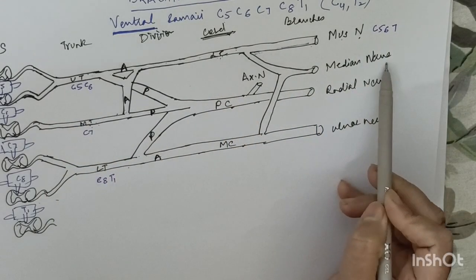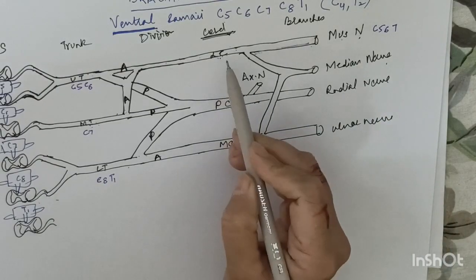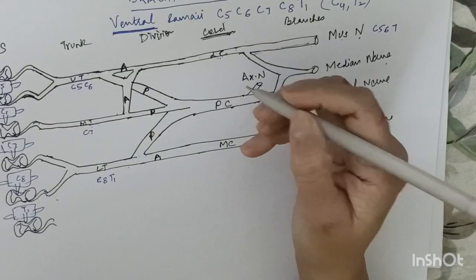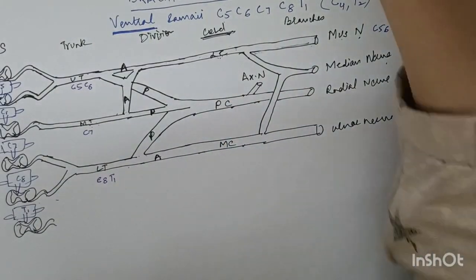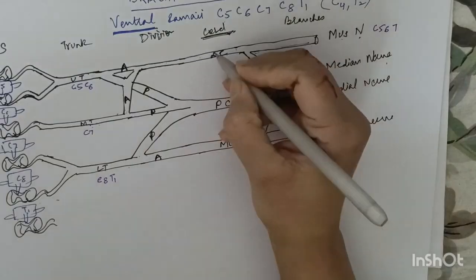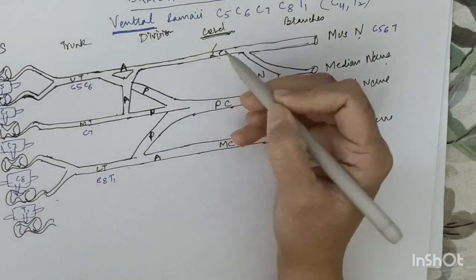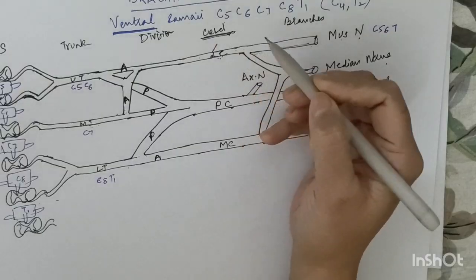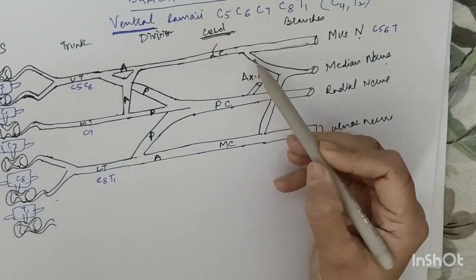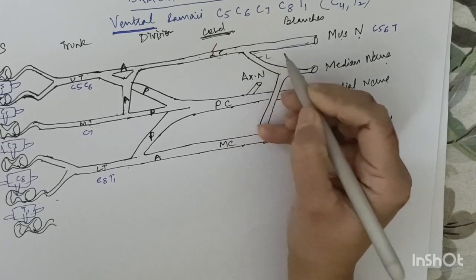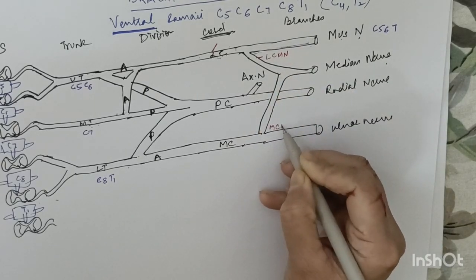Now for the median nerve, the lateral cord is giving a branch over here. If I show you in a different color, it is easier for you. This is the lateral root of the median nerve, and this is the medial root of the median nerve.